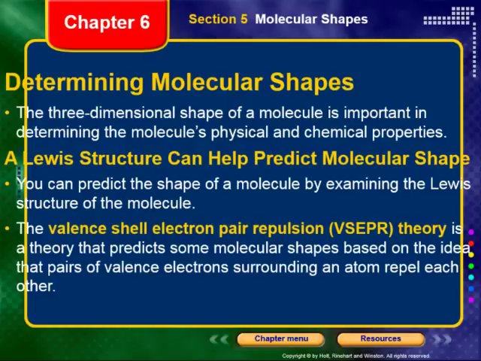It is a theory that predicts some molecular shapes, not all, but a good amount, the ones that we are going to worry about. It predicts some molecular shapes based on the idea that pairs of valence electrons surrounding an atom repel each other. Again, go back to that acronym, Valence Shell Electron Pair Repulsion.